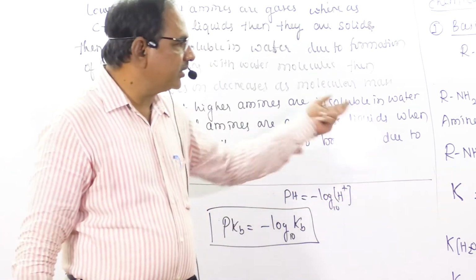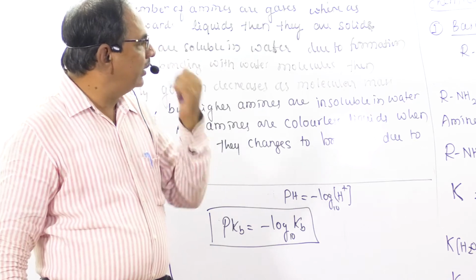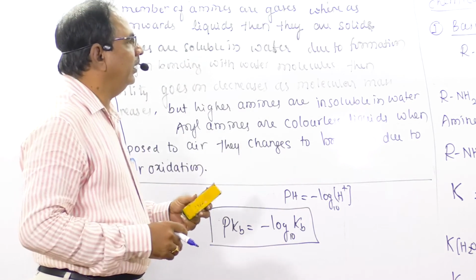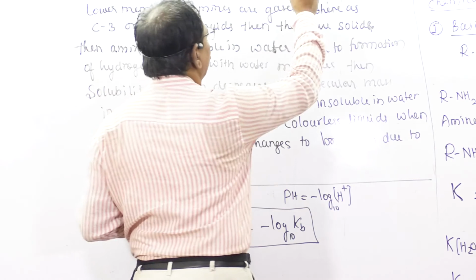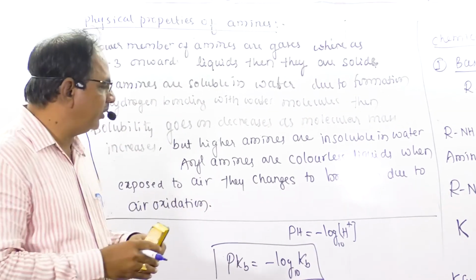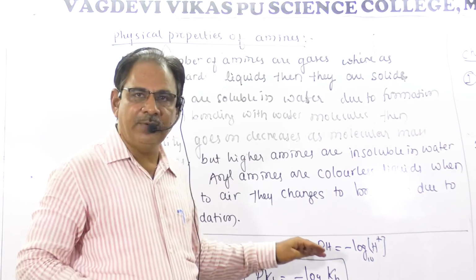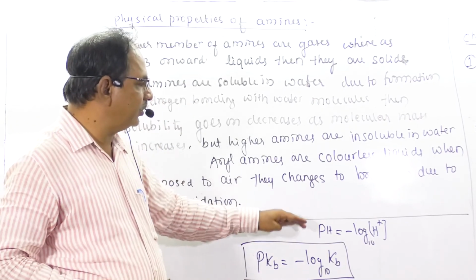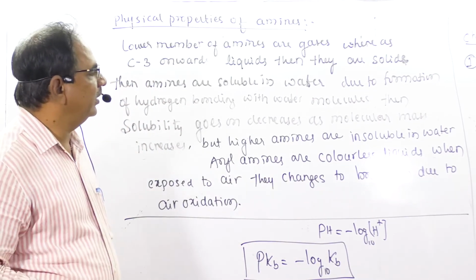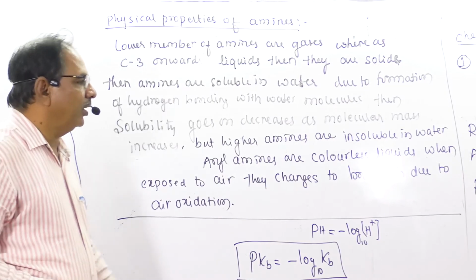Again, we will discuss some examples here. The pKb value of ammonia. Here is a list of some amines having different pKb values. Just see the list of some amines.